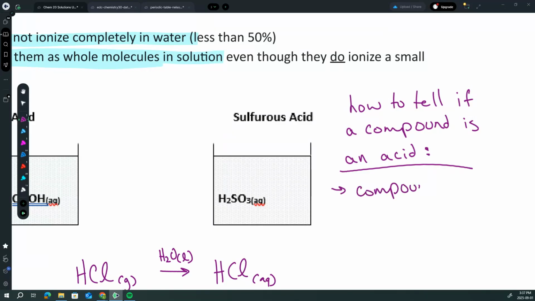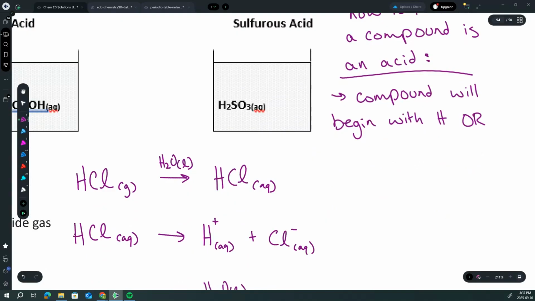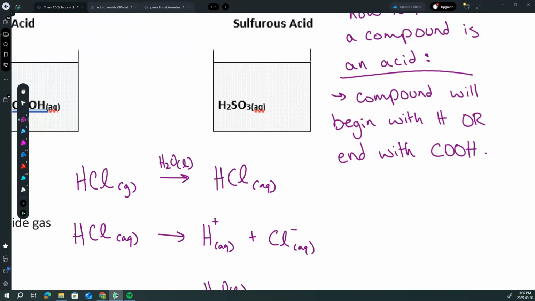The compound will either begin with H, like the chemical formula for the compound, or it will end with COOH. That's how you know if something's an acid or not.